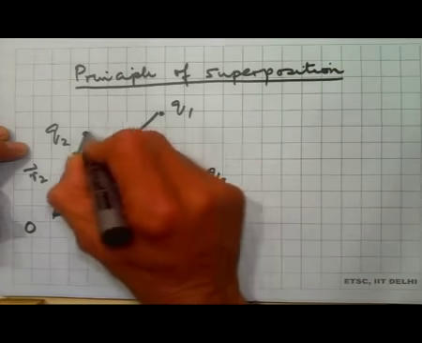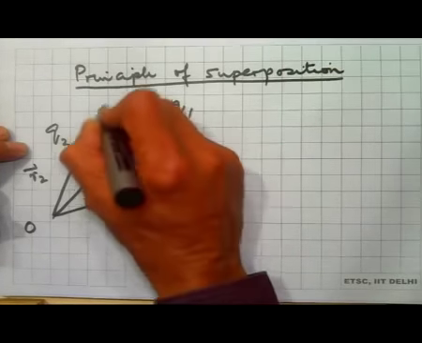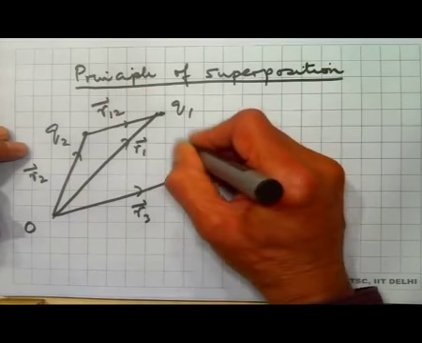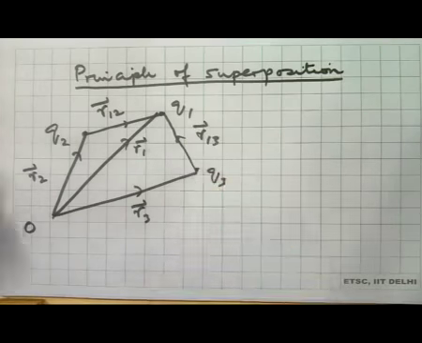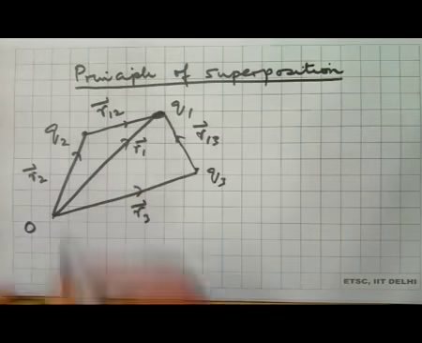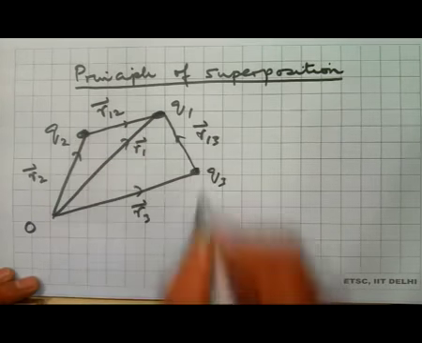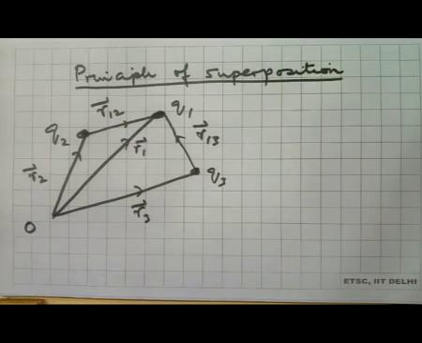So, you have these vectors R12 vector here, and here you have R13 vector. So, the question is the following, these are the 3 point charges. The question is, what is the force on q1 in the presence of both charges q2 and q3?